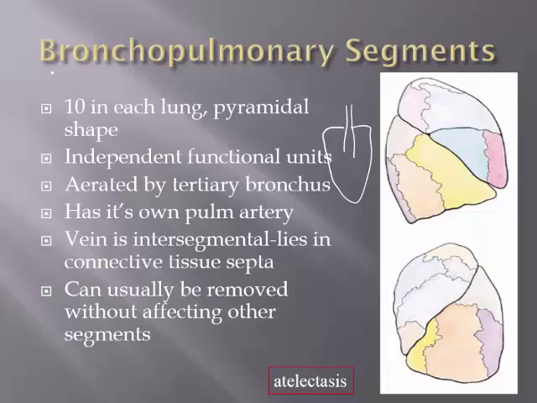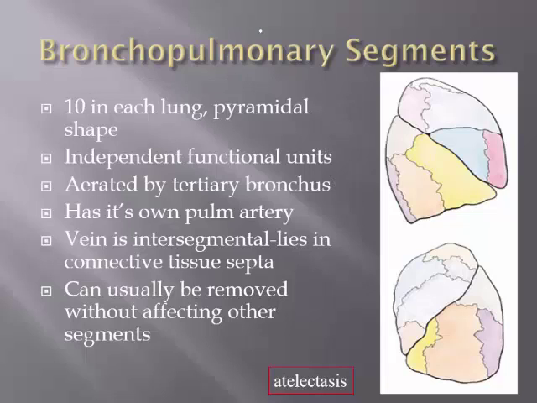That segment of the lung is known as bronchopulmonary. The broncho is part of the tertiary bronchus, and the pulmonary is the lung tissue. So obviously there will be 10 bronchopulmonary segments, right? If there are 10 tertiary bronchi, they would go to 10 segments of the lung. So there'll be 10 bronchopulmonary segments in each lung. It's wedge-shaped or pyramidal in shape.